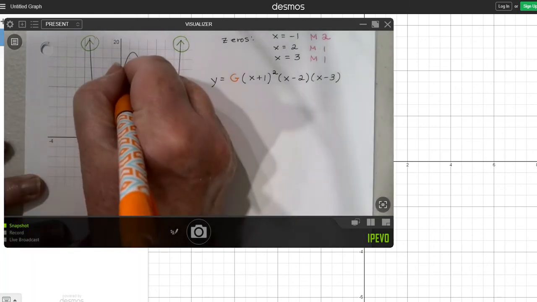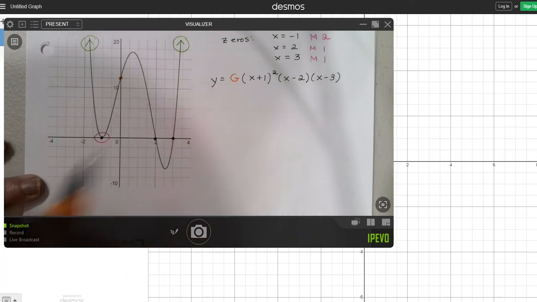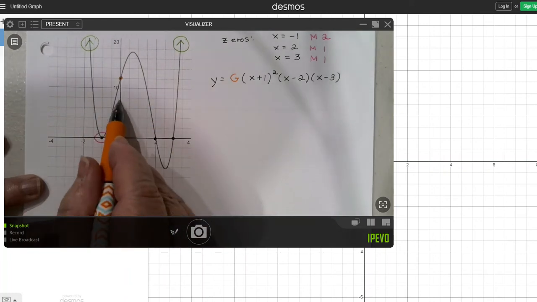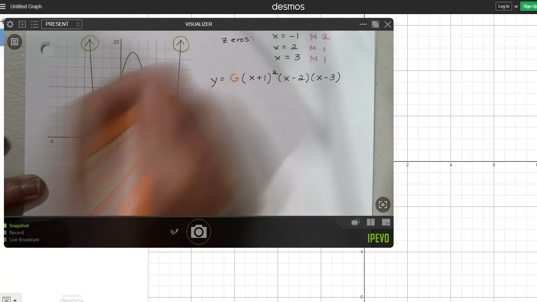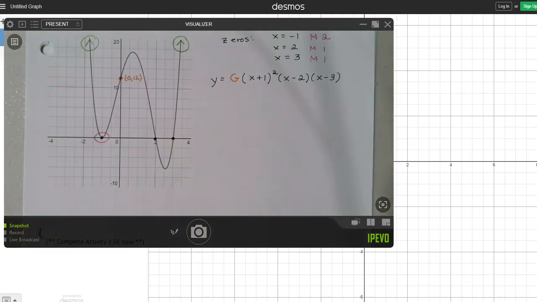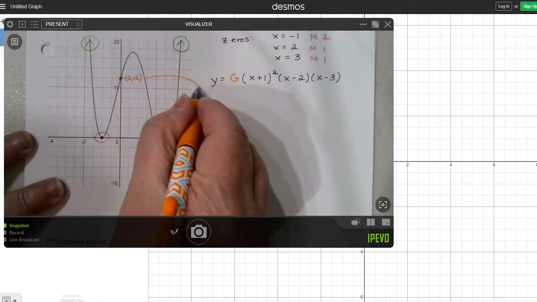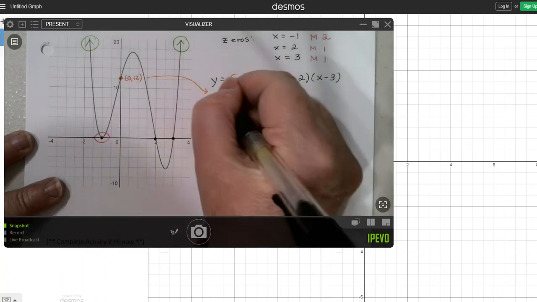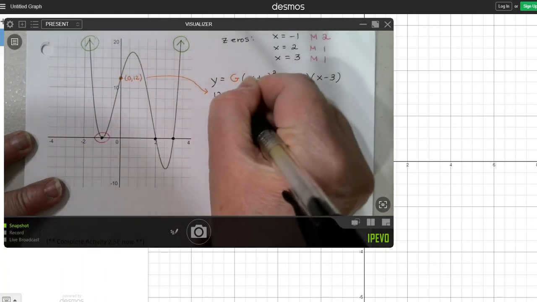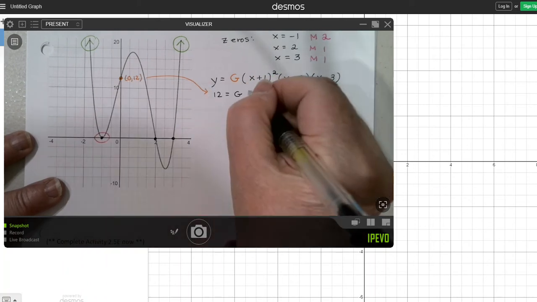Here's my y-intercept. I think I'm counting by 2s. 2, 4, 6, 8, 10, 12, yeah. So my y-intercept is 0, 12. And I'm going to plug that in for the x and the y values. Y is 12 when x is 0.